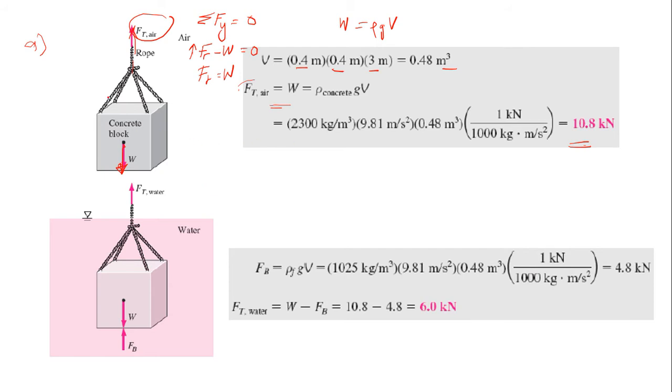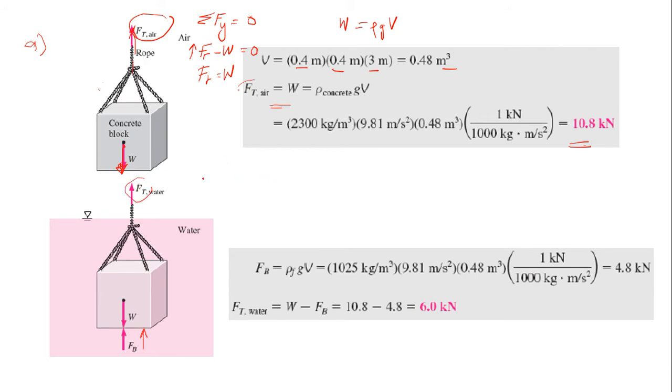The difference is just that this block is immersed in the water, and whenever a concrete block is immersed in the water, it introduces another force, which is the buoyant force. Because it is in the water, there is a force pushing it upwards, the buoyant force. Now they ask you to find FR again, the tension in the rope.